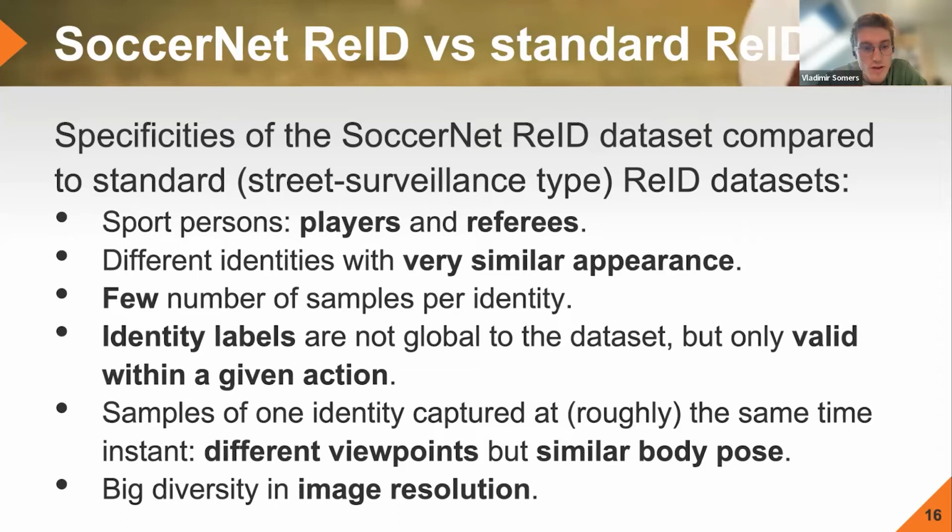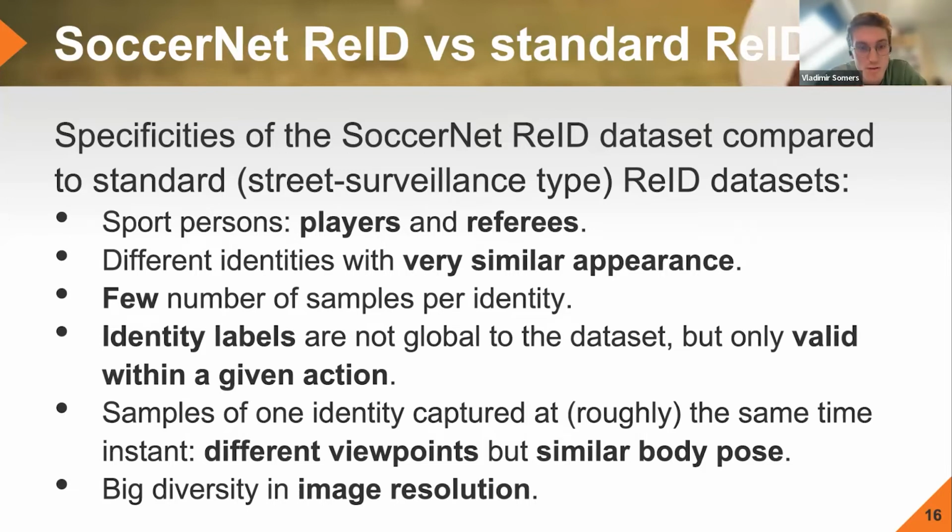Also, because we look at a specific action and its replay frames in a broadcast soccer video, all samples from one identity are captured at roughly the same time instance, which means that samples from the same identity have a very similar pose.